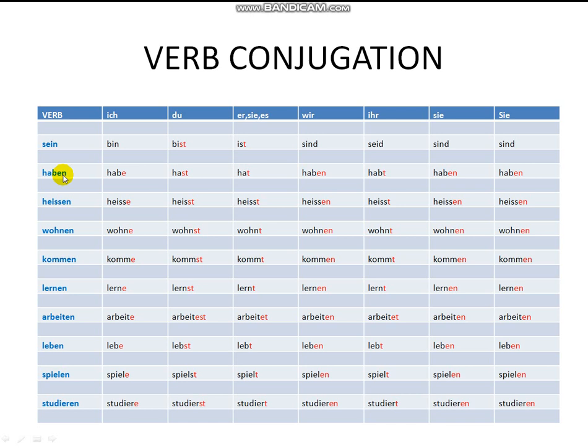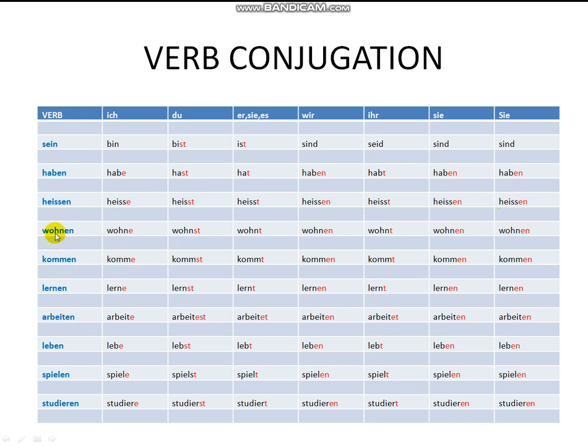To conjugate haben, to have, ich habe, du hast, sie, es hat, wir haben, ihr habt, sie haben, Sie haben. To conjugate heißen, to be called, you say ich heiße, du heißt, sie, es heißt, wir heißen, ihr heißt, sie heißen, Sie heißen.